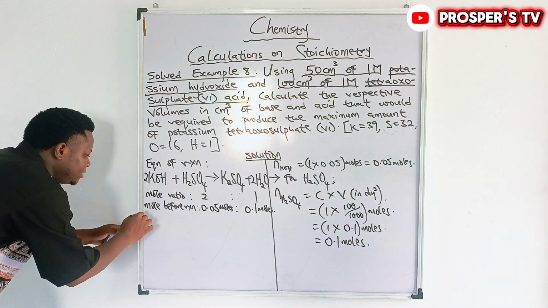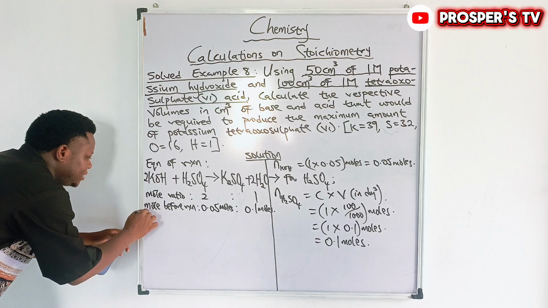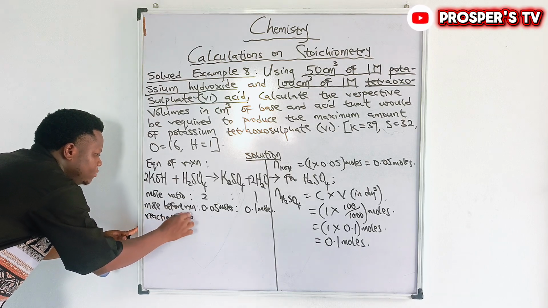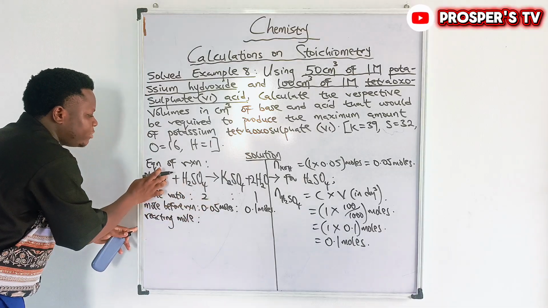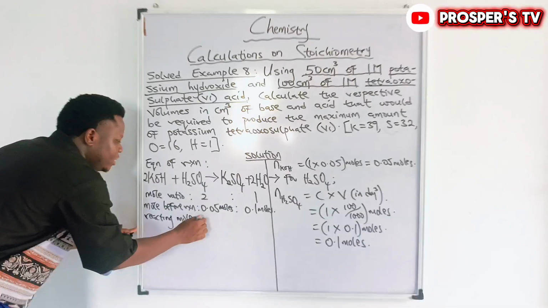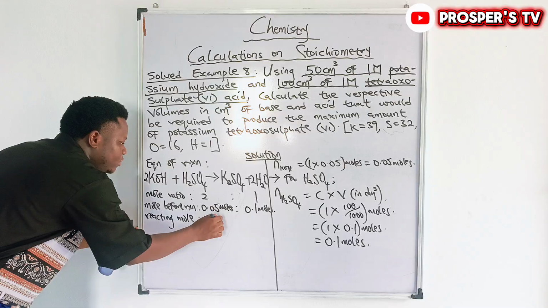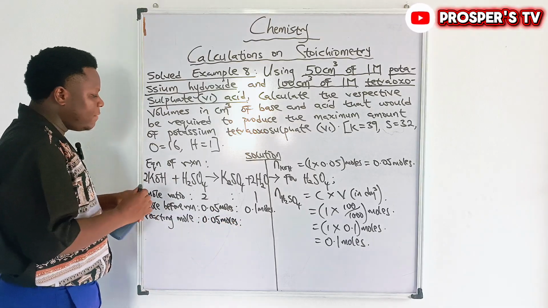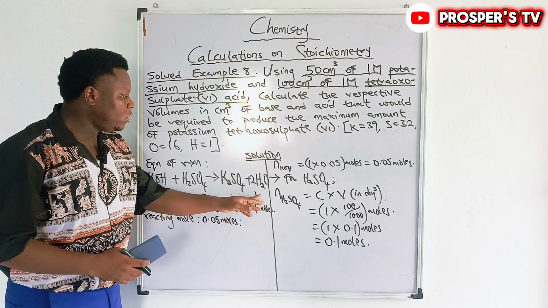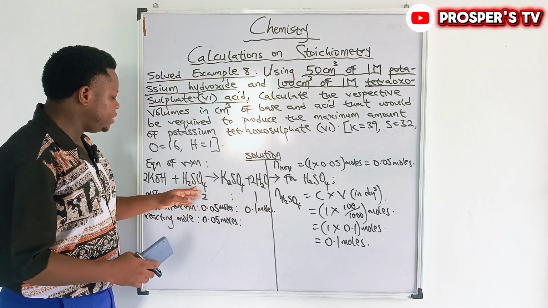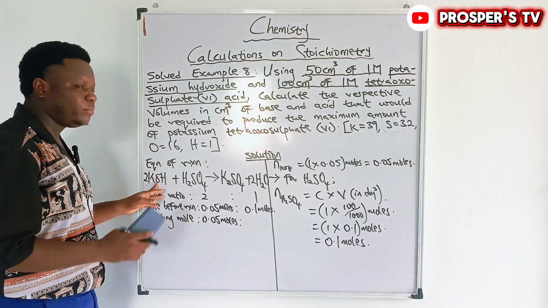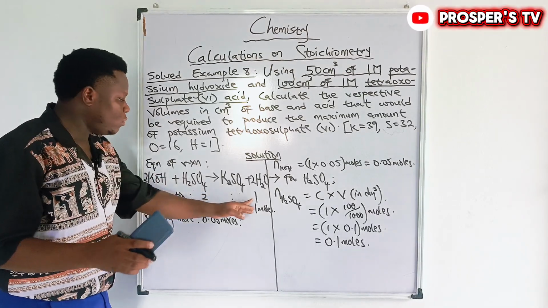So you come down and say reacting mole, which is the amount that will react. So you always bring down the mole for your limiting reactant, 0.05 moles. Now, from our mole ratio, the mole of H2SO4 that would react is always half of the mole of potassium hydroxide that will react, 1 to 2.